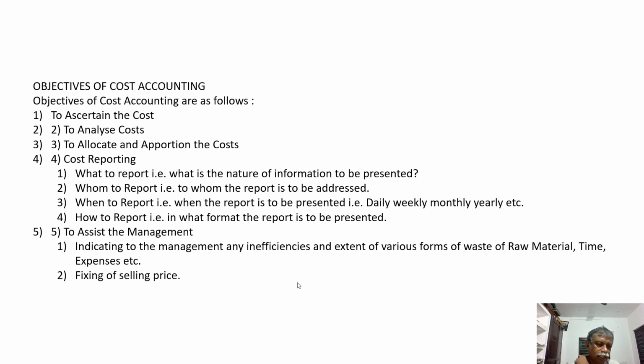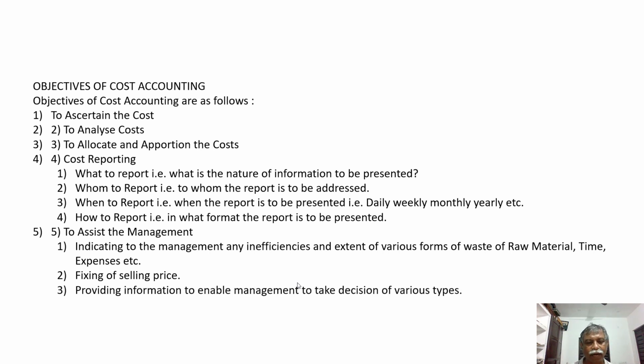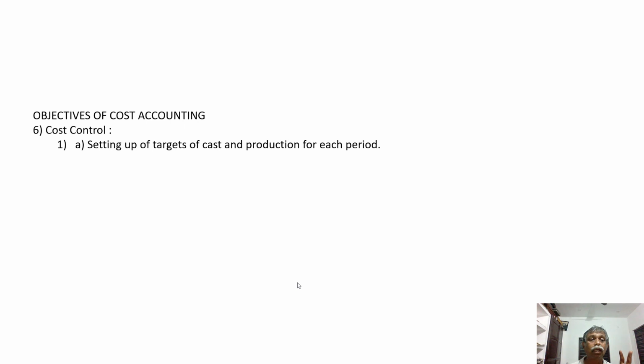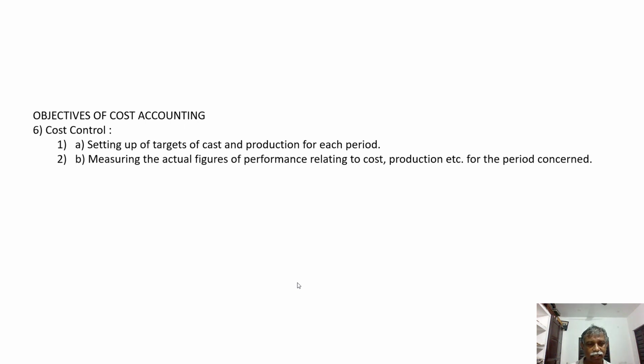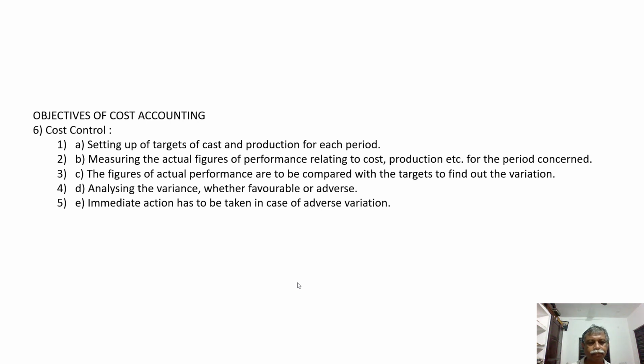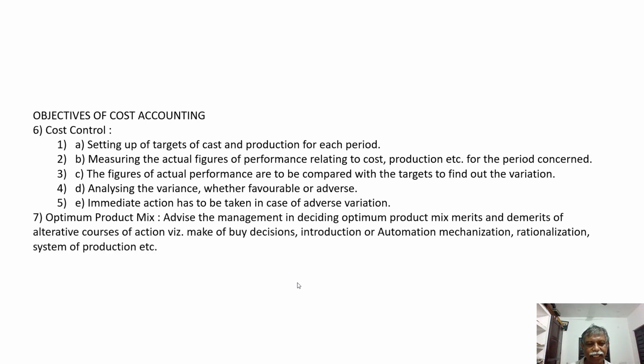Fixing of selling prices, determine the price of a product. You can do that in costing. Providing information for decision making. Management take decision. Management controls raw materials, inventory, finished products, parts and consumables. Clear? And 6th one is cost control. Yes, set up a target and measure the actual, then compare the actual with the target, then analyze the variance, see whether it is favorable or adverse, then suggest immediate action to be taken.